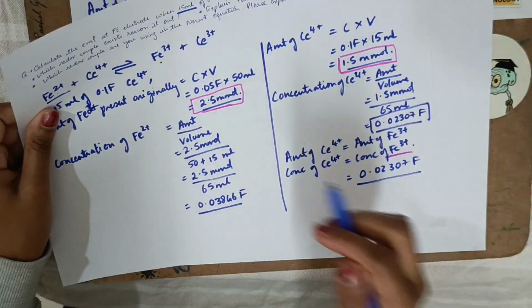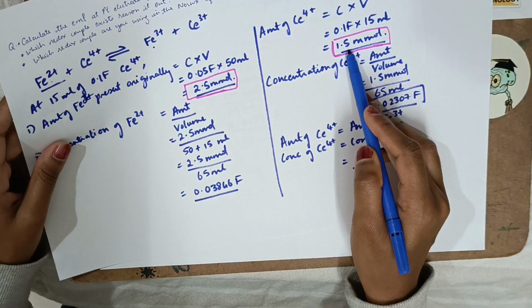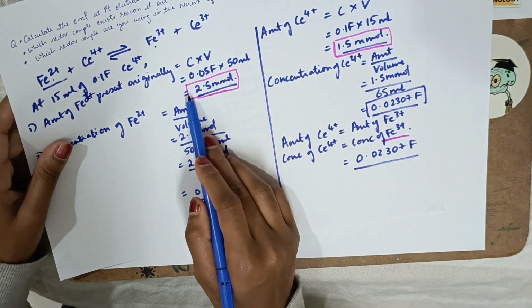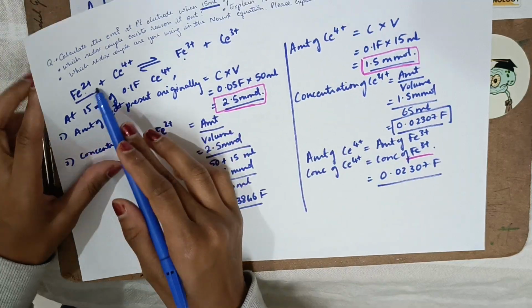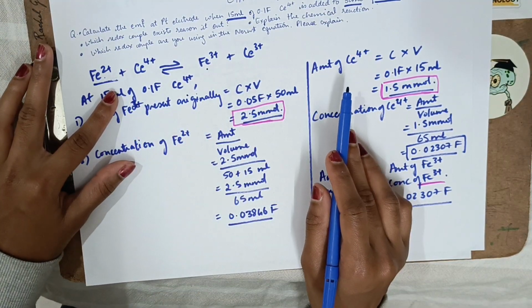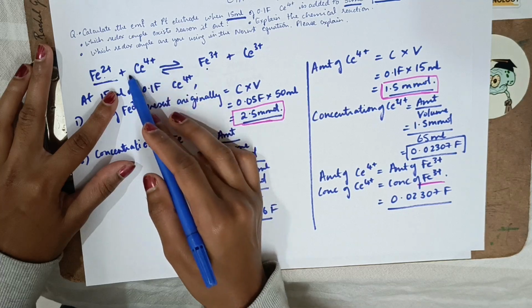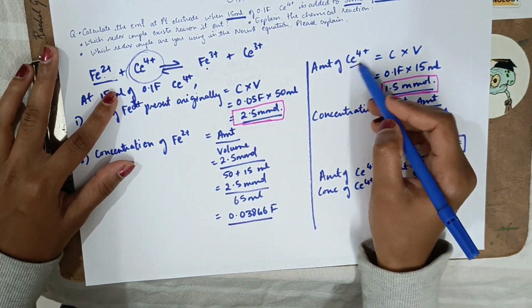Since, as I have mentioned before, the amount of Ce4+ is lesser than that of the Fe2+, therefore Ce4+ is the limiting reactant in this equation. Therefore the Ce4+ will get completely consumed, and there will be no more Ce4+ present.